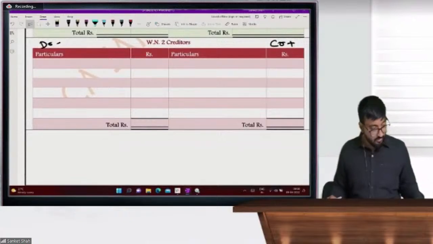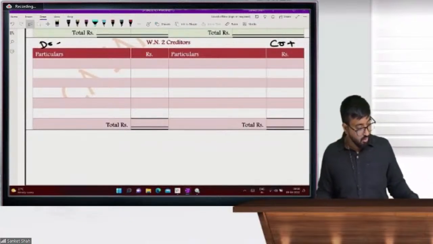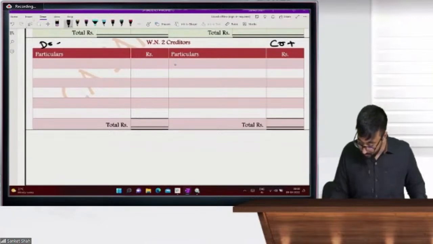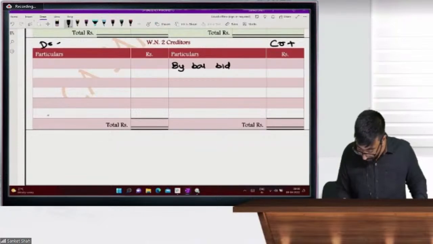Now in accounts, creditors. चलो, yes, थकना मना है. By balance brought down and to balance carried down, 15,770.